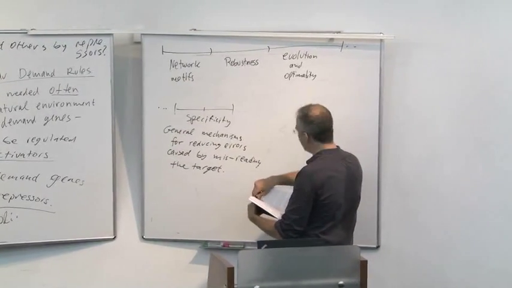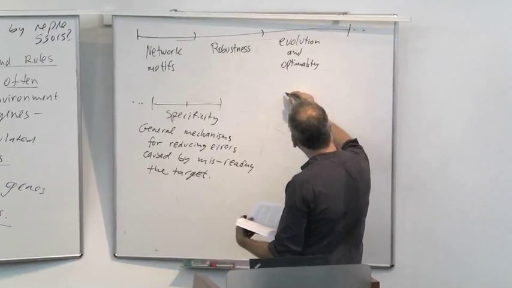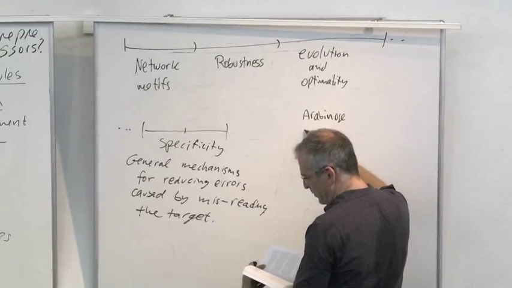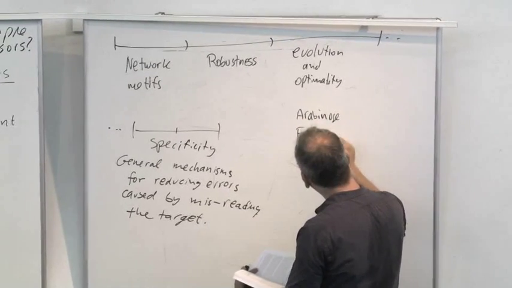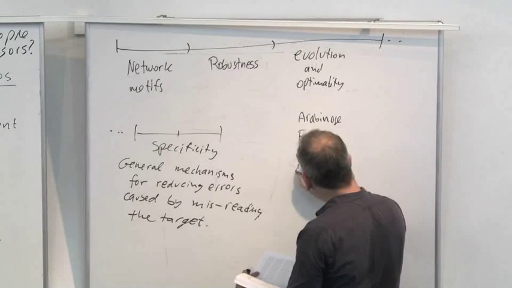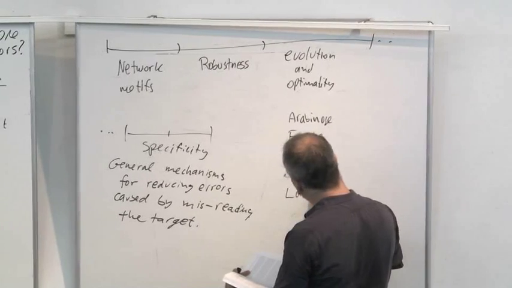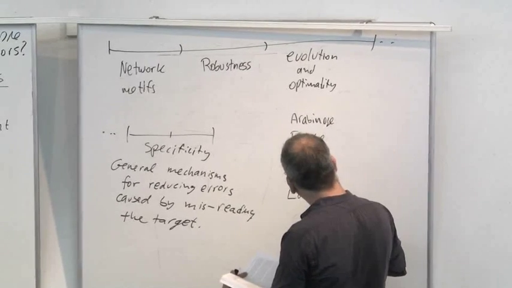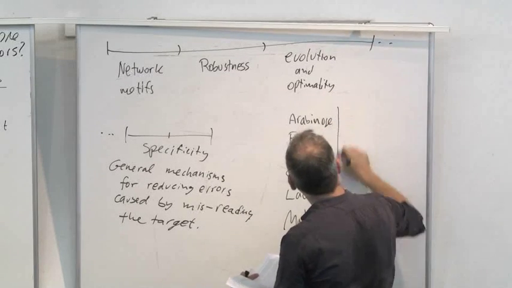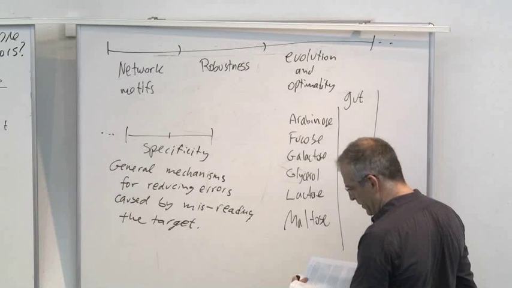But if you try to write down some sugars like this, okay? Arabinose, fucose, galactose, glycerol, lactose, maltose. And then see in the gut what's going on.